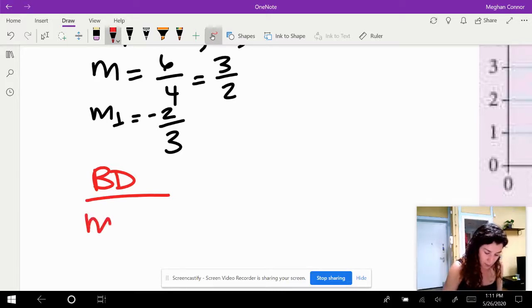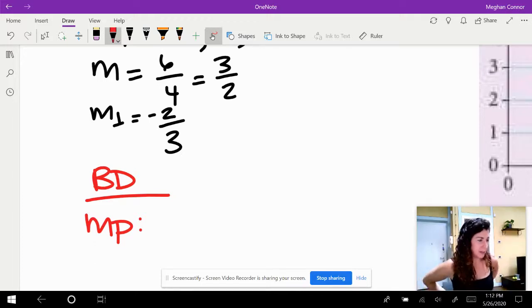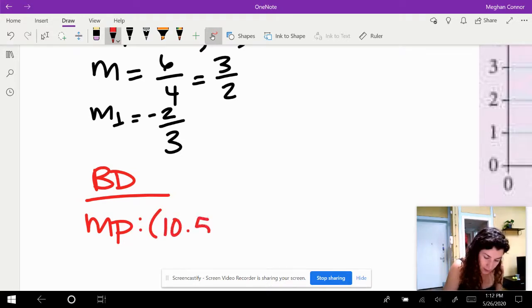so we need to find the midpoint, which is just the average of your 2. So adding, this one's not nice and even, which is a bummer, but adding 6 and 15 is 21, divided by 2 is 10.5. And then 6 and 3 is 9, divided by 2 is 4.5.